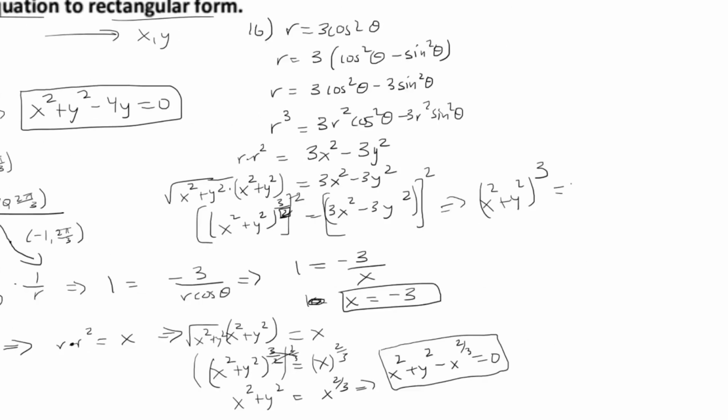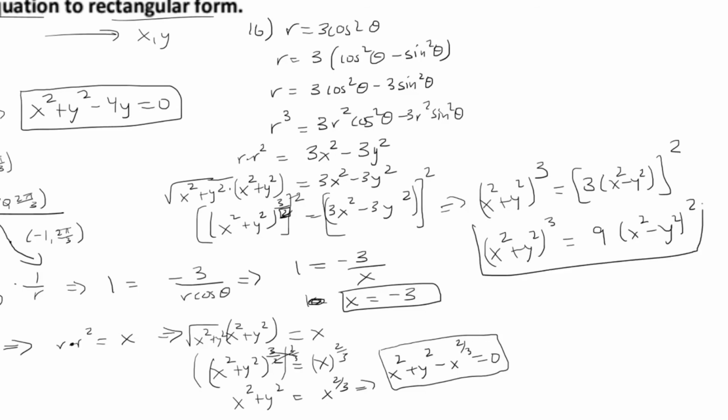And then on the right, I can pull out a 3. I have 3 times x squared minus y squared, and this is all squared. So it's x squared plus y squared all cubed equals 9, since 3 squared is 9, times the square of x squared minus y squared. We'll just leave it as this, as the final form.